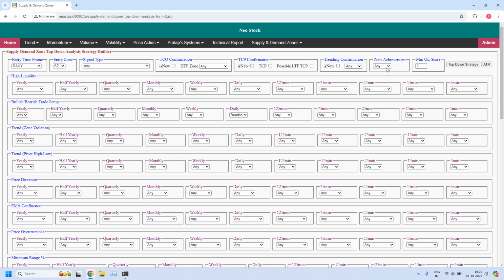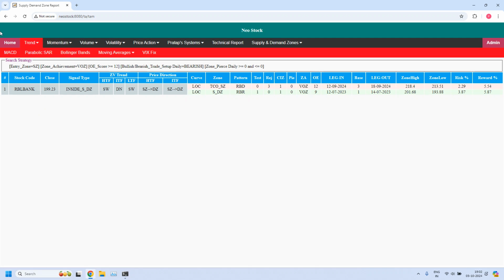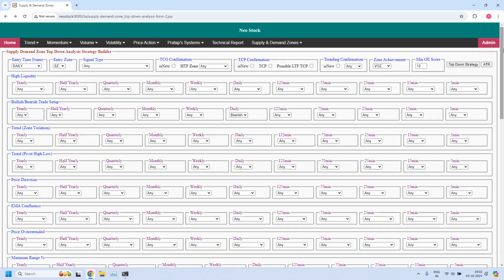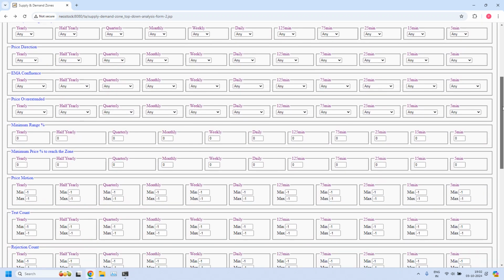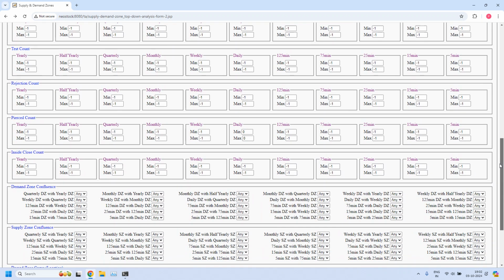And I need to add 2 more filters. Zone achievement is violated opposing zone, and minimum odd enhancer score is 12. All the 3 filters are applied to the daily supply zone. So one stock is filtered, only one stock. Let's verify whether it is having any ITF confluence, that is supply zone confluence, because it is a bearish trade setup.